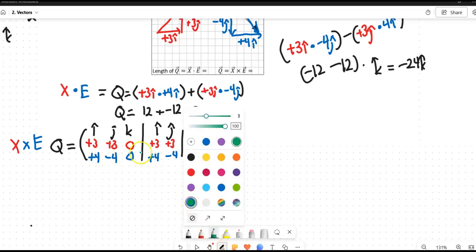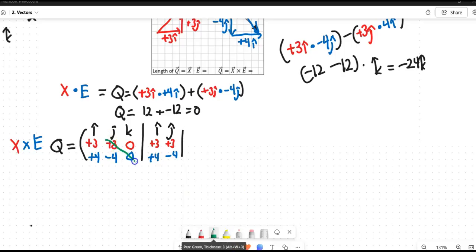So we're going to do this, and this is going to end up being positive, and this is going to end up being positive, and this is going to end up being positive. Now for the j guy, that's going this way, so that's negative. This I will be negative, and this k guy will be negative.